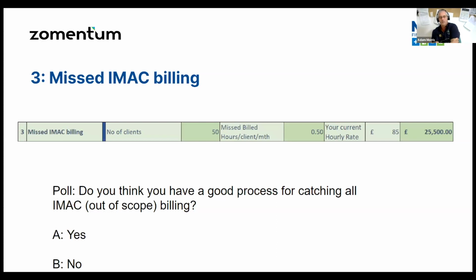But no, not a surprise. It's not easy to do, is it? To get it right requires effort and focus and training and process.